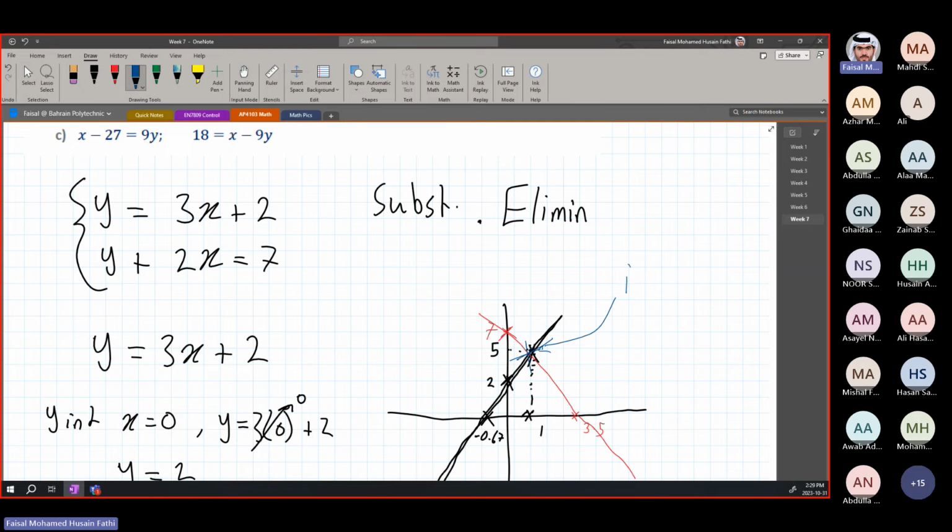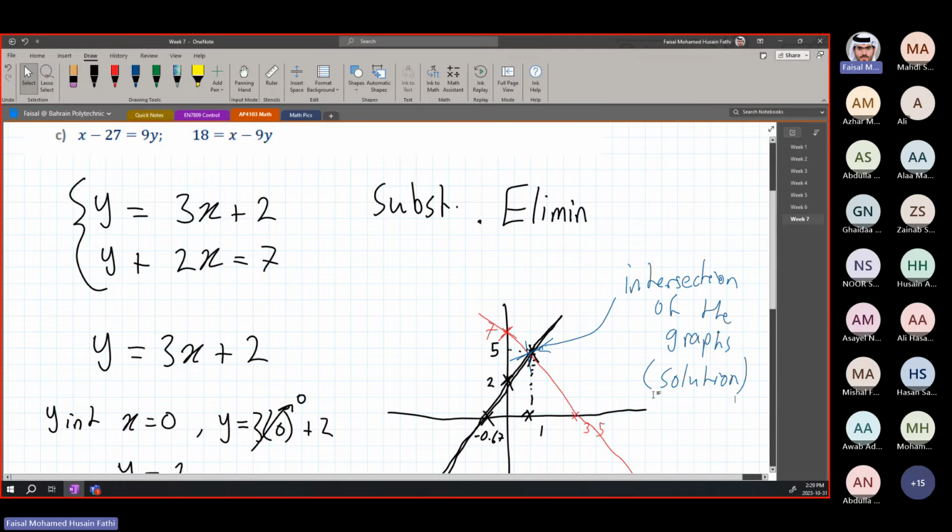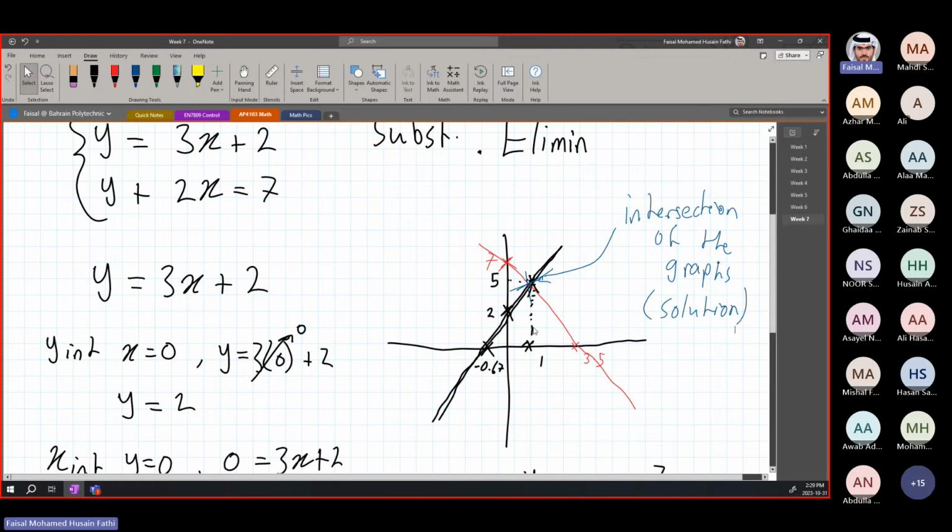Right, the intersection of the graphs. Or they may call them the solution of the two graphs. Okay? As you can see, because I'm sketching this, it's not exactly accurate, but if you properly sketch it, you could just find the coordinates directly from the graph.